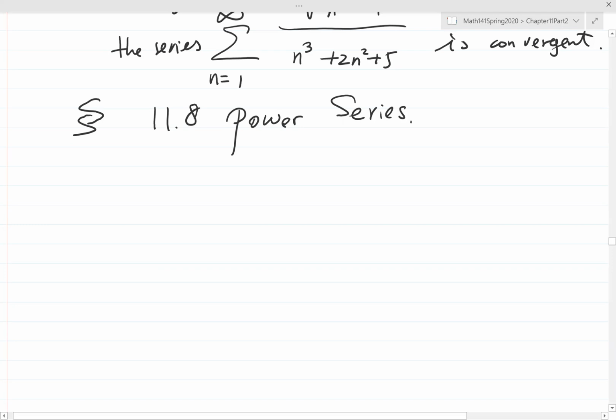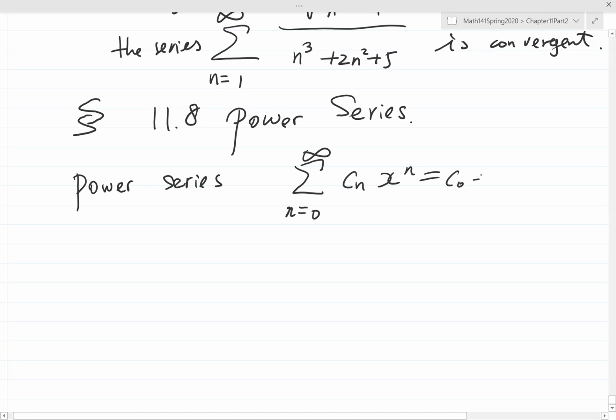A power series is of this form: the sum of C_n x to the power n, n from 0 to infinity, where the C_n are called coefficients. So it is of the form C0 plus C1 x plus C2 x squared, etc. From a general point of view, it mimics a polynomial.